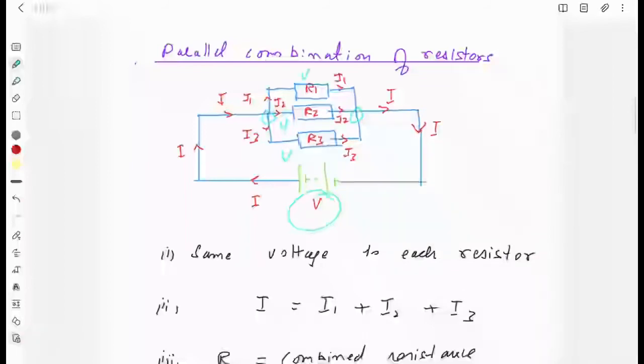But current has three different paths. I1 current will pass this way toward R1, and I2 current toward R2, and I3 current toward R3. Since the paths are different, the current I coming out of the battery will divide in three parts.